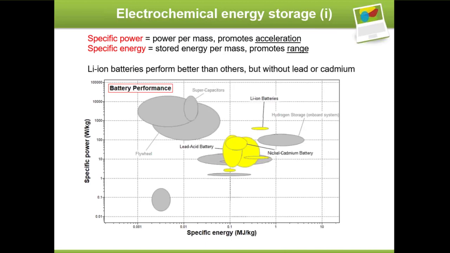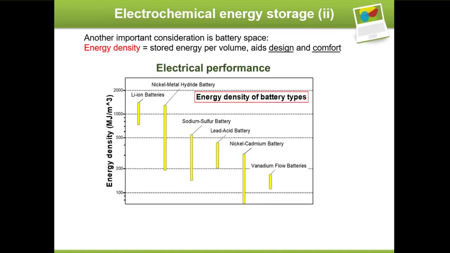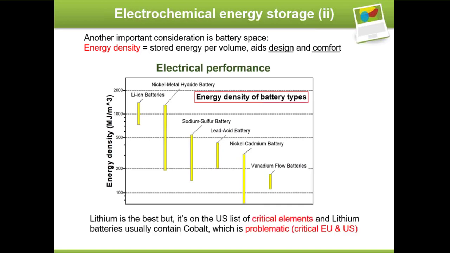Great. So if we go on to another criterion, we're interested in the volume of the battery, and if we look at the energy density, the stored energy per volume, then again, lithium-ion batteries come out on top.